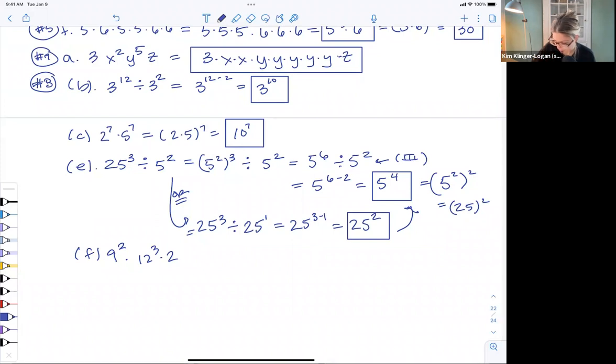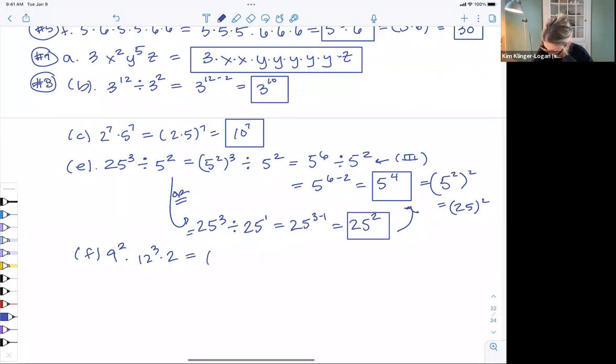Okay, so I would do a similar thing that I did here, where I rewrote this 25 as 5 squared. So I really tried to think of the smallest factorization or the prime factorization of 25. So I'm going to do the same thing here with 9 and with 12. I'm going to try to rewrite those as products.